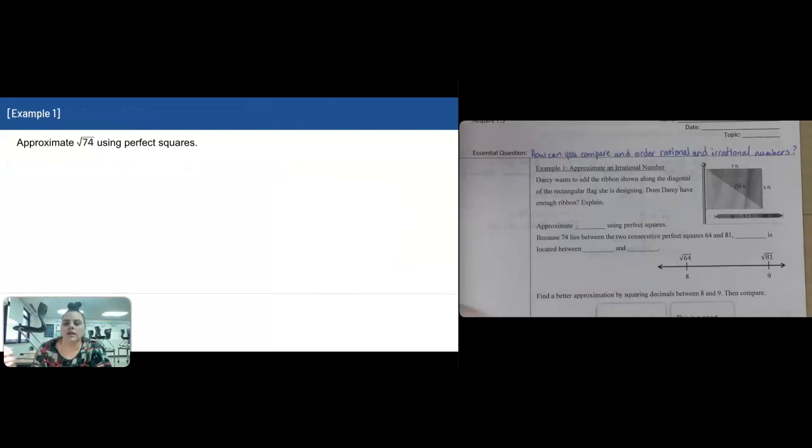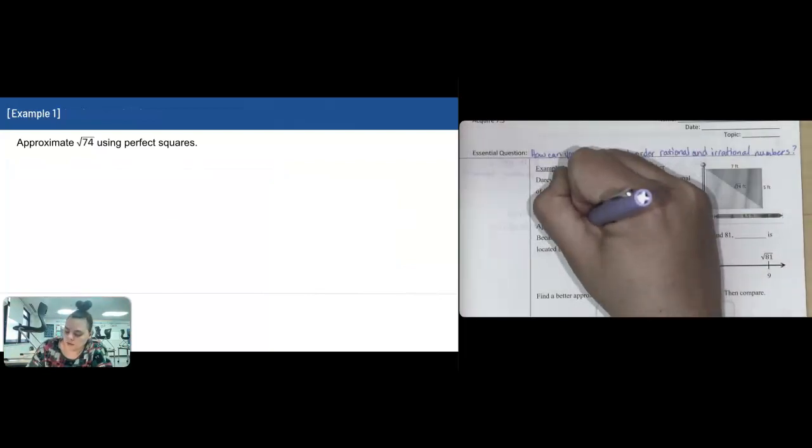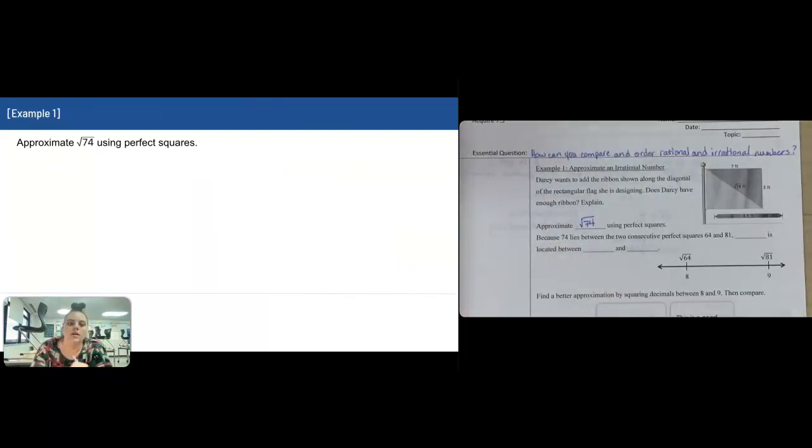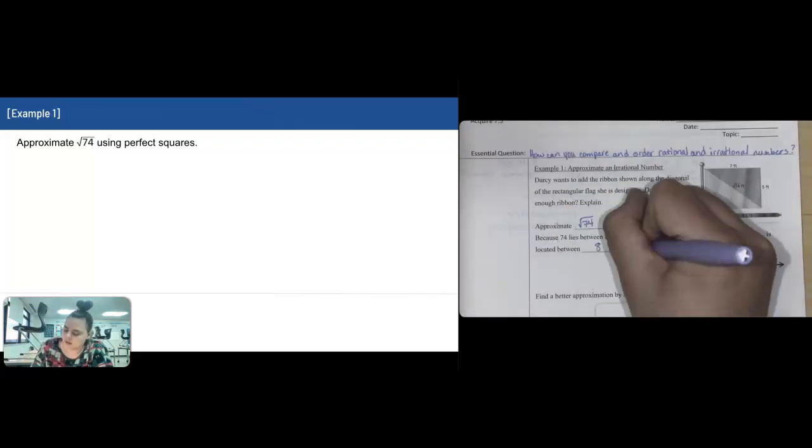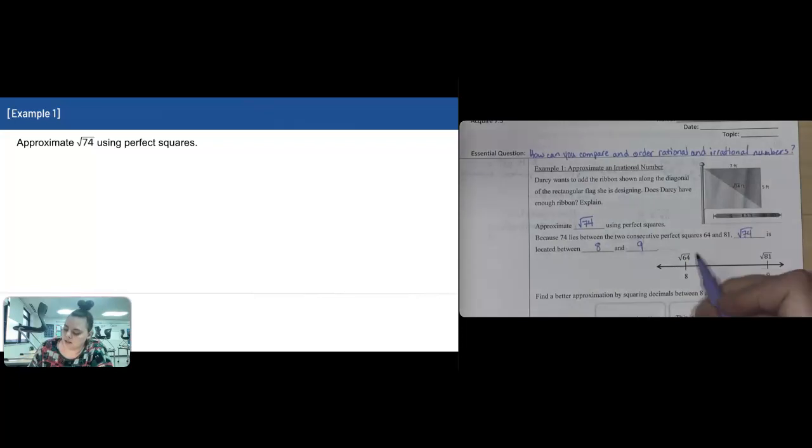So let's get started. We are approximating the square root of 74 using perfect squares. First, because 74 lies between the two consecutive perfect squares of 64 and 81, the square root of 74 is located between 8 and 9, because 8 is the square root of 64 and 9 is the square root of 81.